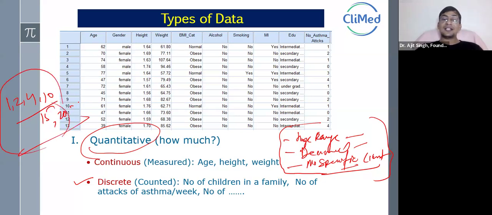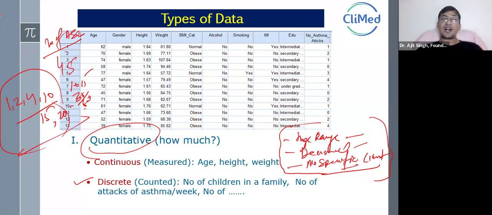The range of children is limited. Number of asthma attacks in a clinical research, for example in a month: 4 attacks, 5, 10, 15, maximum 30 attacks. But that is limited.